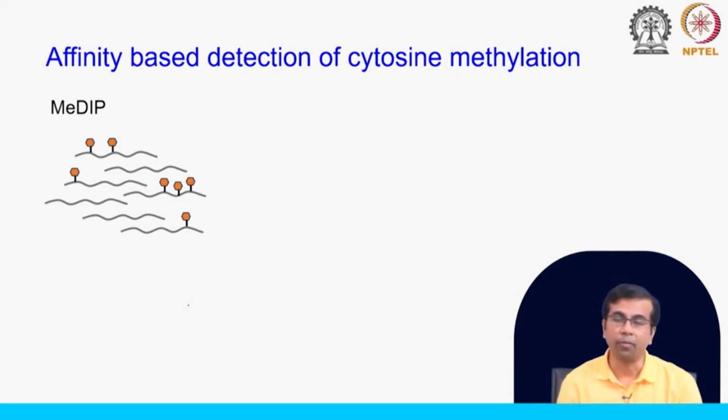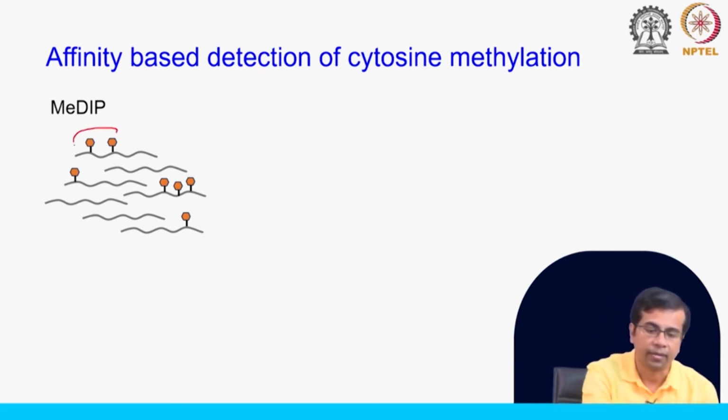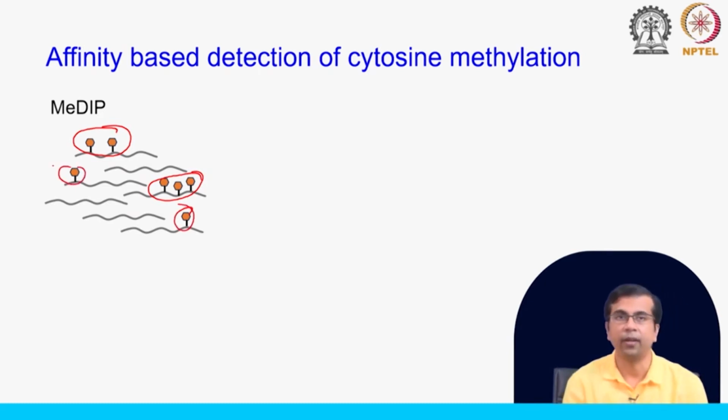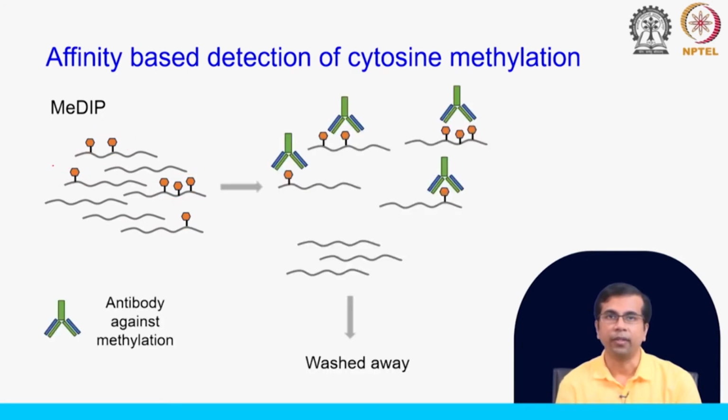So, here is a cartoon for the process. Okay. Here you have these DNA fragments, some of them carry these methylations, right. Here you can see 1, 2, 3 etc., and some fragments do not have any methylation. Okay. So, in the next step we apply or mix with an antibody that will recognize this cytosine methylation, and it will specifically bind to DNA molecules that carry this methylation.